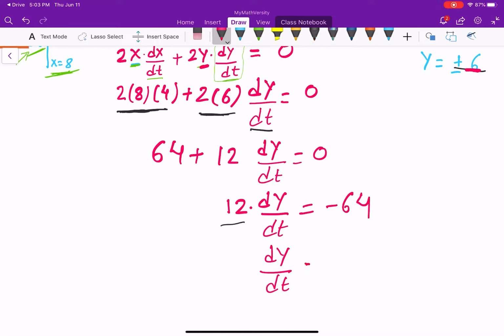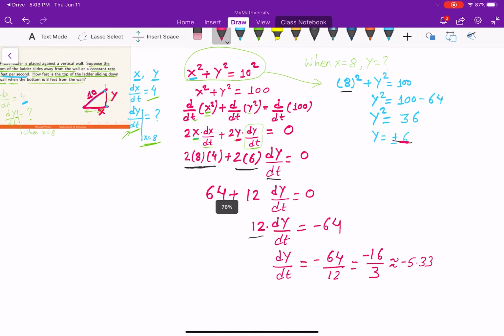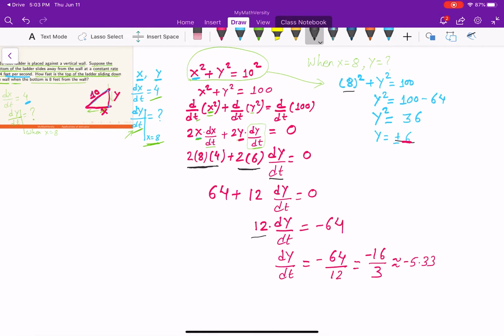So when we do that, this will be negative 64 over 12. I think it is done. If you want to simplify, this can also be written as negative 16 over 3, or approximately negative 5.33. Whichever answer format you need, you can choose.